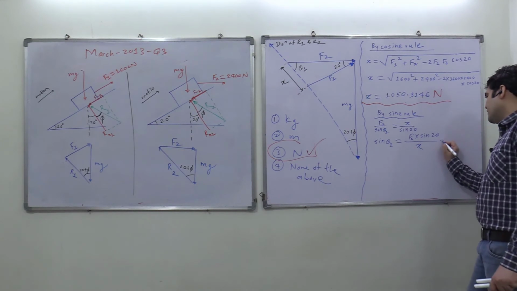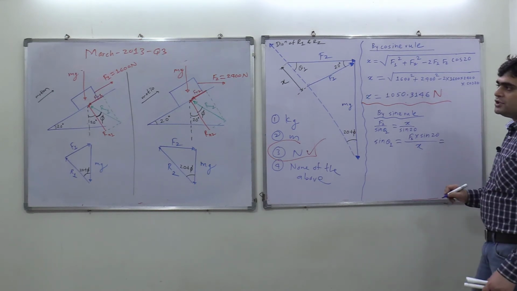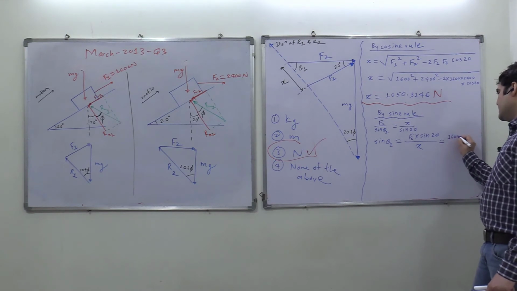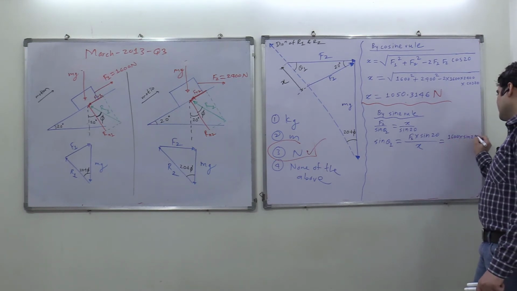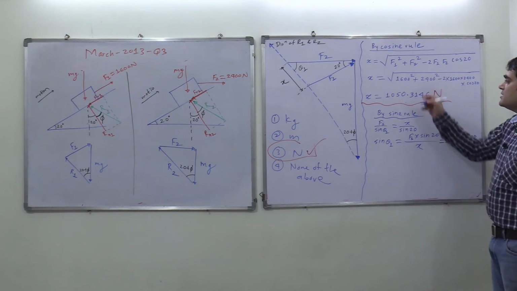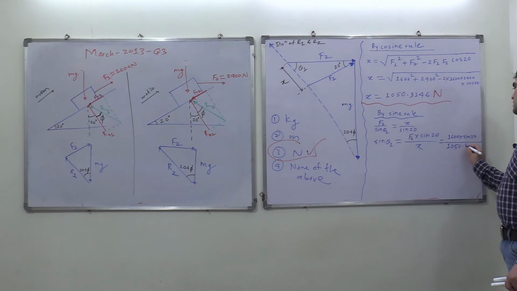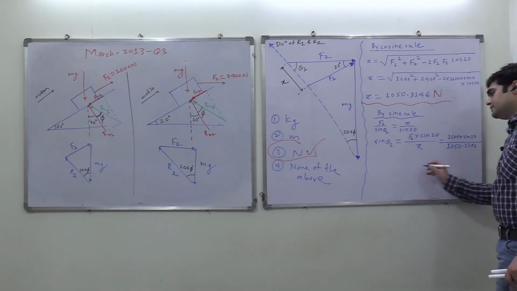What is the value of F1, guys? F1 is 1600. Sine 20 divided by x, where we just calculated x as 1050.3146.